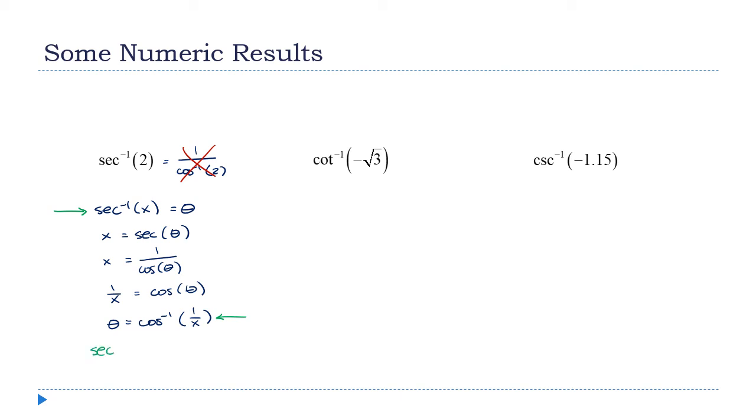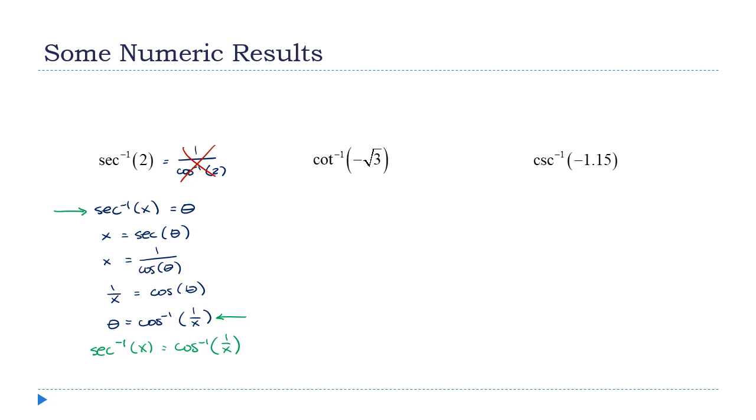The inverse secant of x is the inverse cosine of 1 over x. And you get the same formula for the other pairs. The inverse cosecant of x is the inverse sine of 1 over x, and the same with the tangent and cotangent.